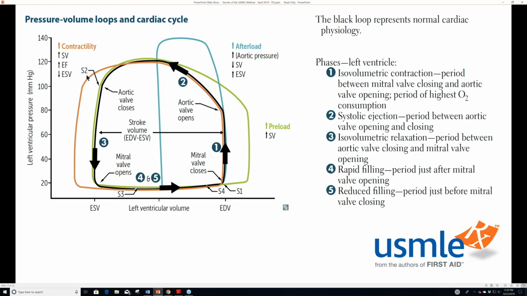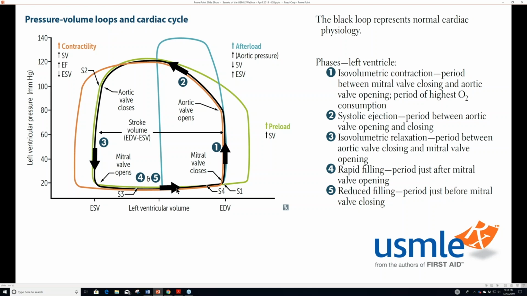And this will start the isovolumic relaxation phase. This is when the volume remains constant, but the pressure is starting to decrease. So pretty much the exact opposite of isovolumic contraction. Then the next thing that's going to happen is your mitral valve is going to open, and your left ventricle is going to start to fill. As it fills, it's going to be increasing your volume, so you're going to move from left toward the right on your curve.